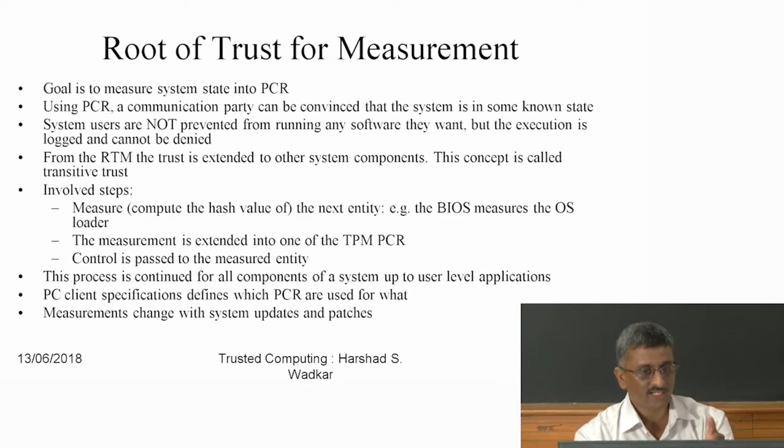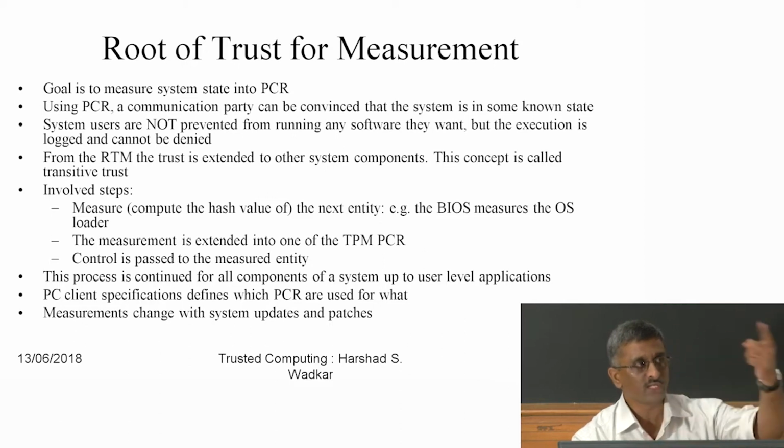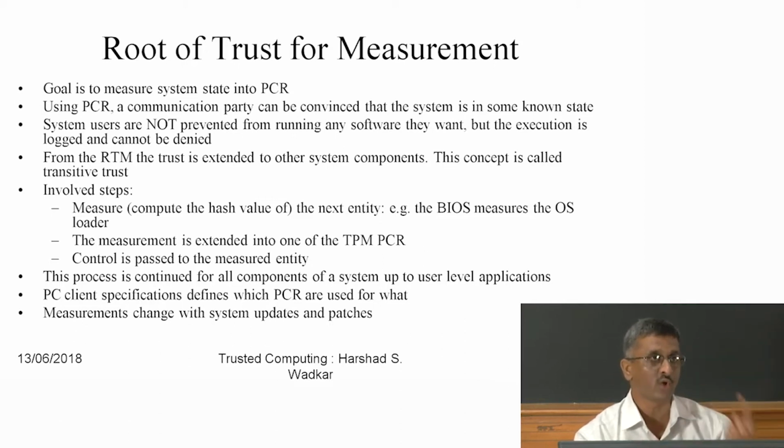That is what the statement means: a communication party can be convinced that a system is in the known state, that I should know your system is always in the state that I want. System users are not prevented from running any software they want, but the execution is logged and cannot be denied. Perfect.